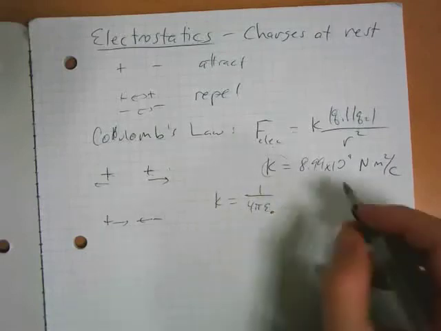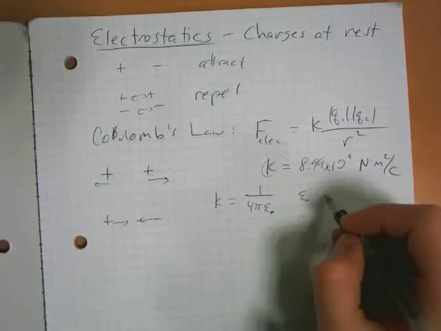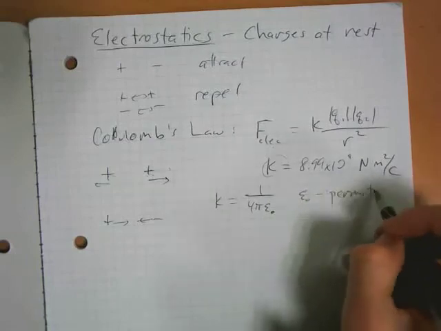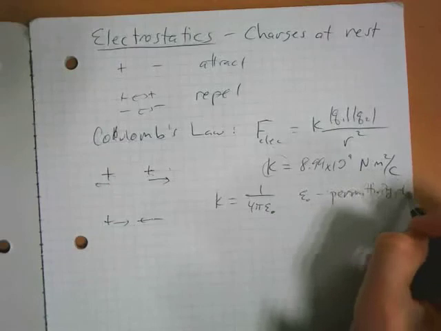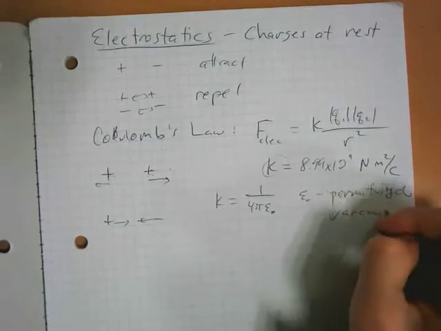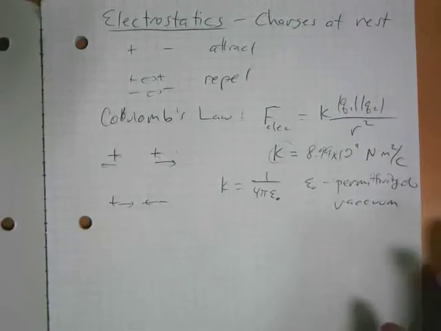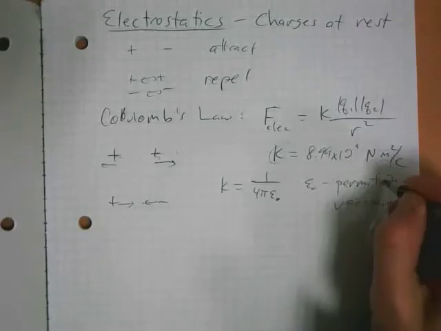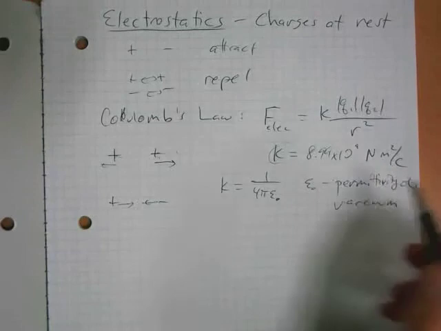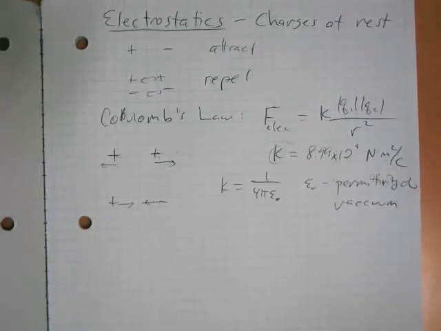And epsilon naught is a physical quantity. It is what's called the permittivity of a vacuum, or historically it was known as the permittivity of free space. We'll talk more about epsilon naught later, but just so you know, K does not pertain to anything physical. It's a derived constant from epsilon naught.